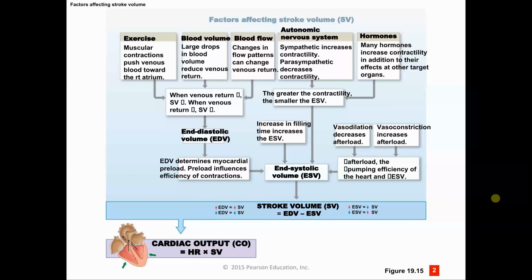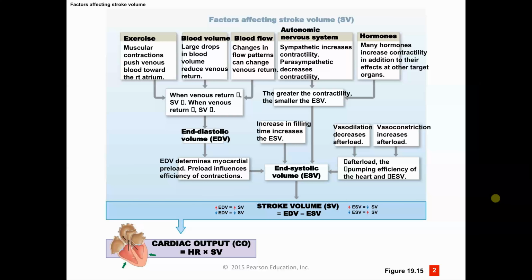Okay. So some things that are going to affect that end systolic volume as well is just how efficiently those heart cells are contracting. So if you have things that are decreasing the amount of contraction, then you're going to have more blood left in the heart after that contraction. Okay, so these can either be nervous system things or hormone things. And then vasodilation and vasoconstriction can affect the afterload.